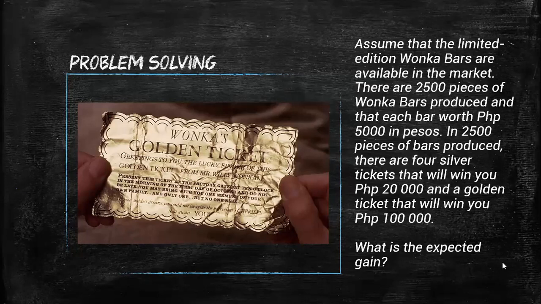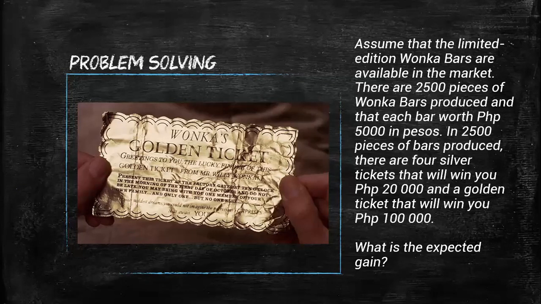Before anything else, I would like to introduce this scenario. I know that some of you are familiar with Willy Wonka. It is actually the character in the movie or in the book Charlie and the Chocolate Factory by Roald Dahl, right? This is actually a classic book, from the 1960s pa ata.